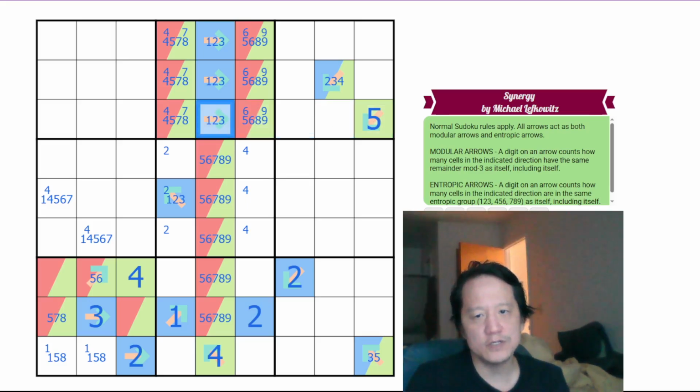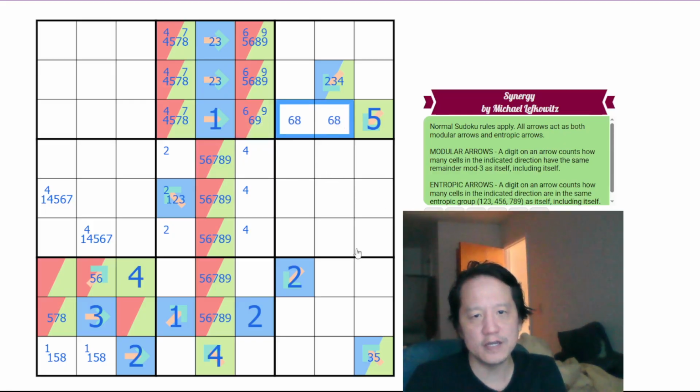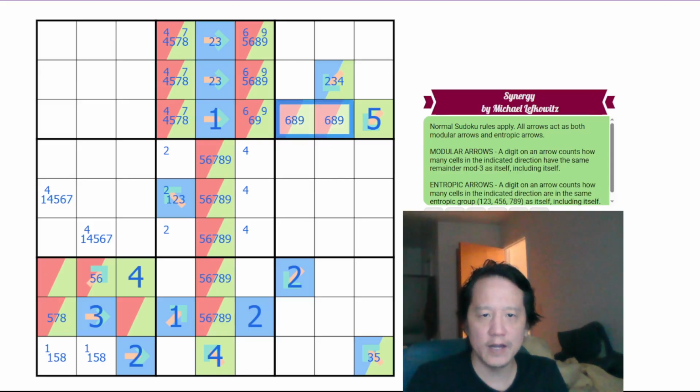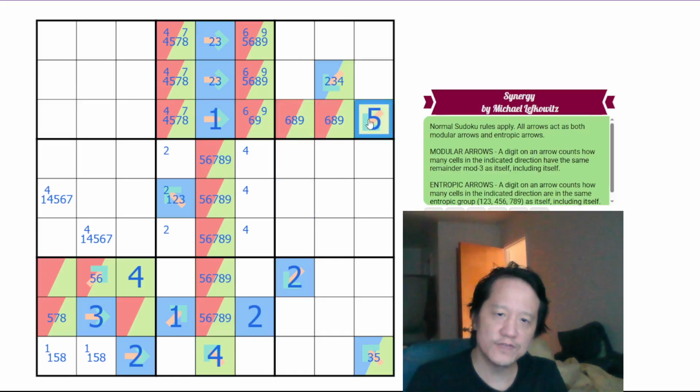So this is 1 here, which means this can't be 1 here. This is 2 and 3. So this must be pointing at a 6 or a 9 here. And this is 6, 8, and 9 are left here. So these are high or middle. This is 5. We already have 1.